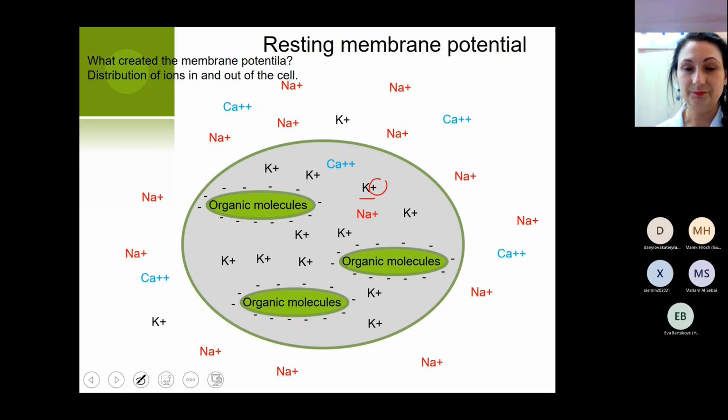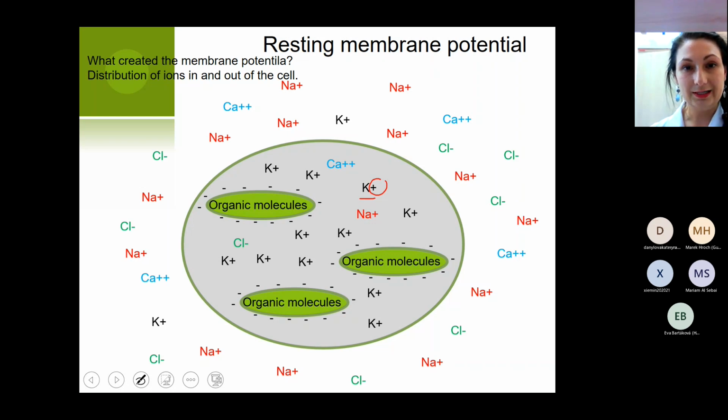So the forces which influence the behavior of calcium are the same as for sodium. It means that calcium would like to go into the cell because of the negative charge in the cell and because of its concentration gradient. But normally, as you probably know, during the resting membrane state, the calcium channels are closed.